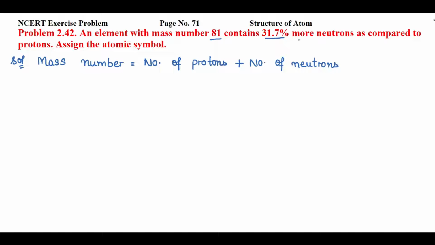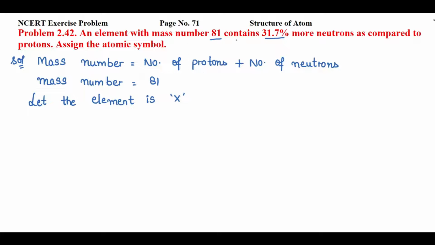We have mass number 81, so you can write the given values over here. Mass number is 81. Now I'll assume that this element is X. So let the element be X.